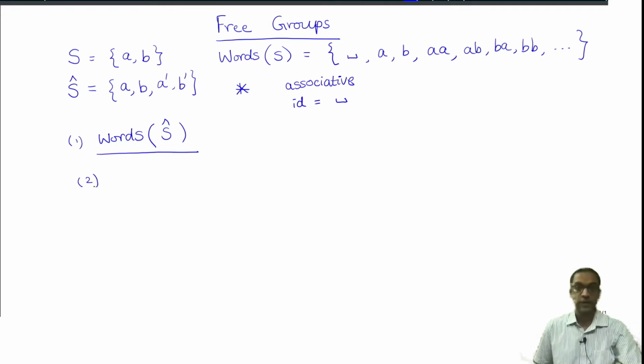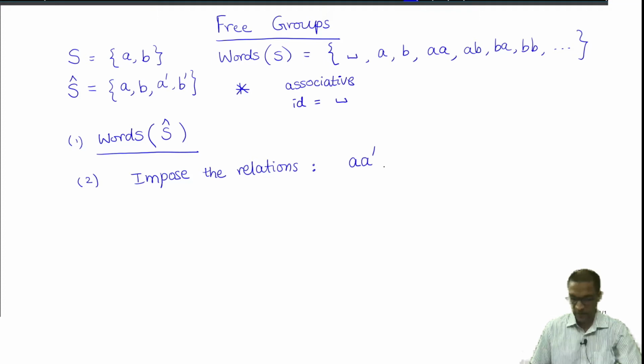Step 2 is really the key to everything that we are about to do, and this is a construction which will keep coming up in many places. We impose the following relations. What does that mean? Well, firstly, let me tell you what the relations are.